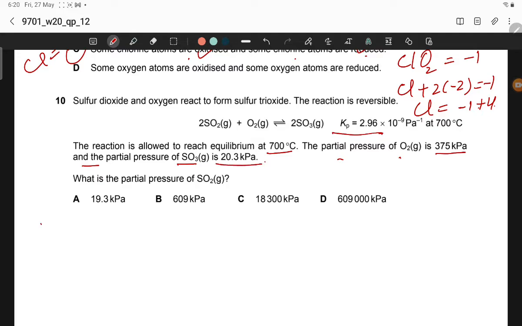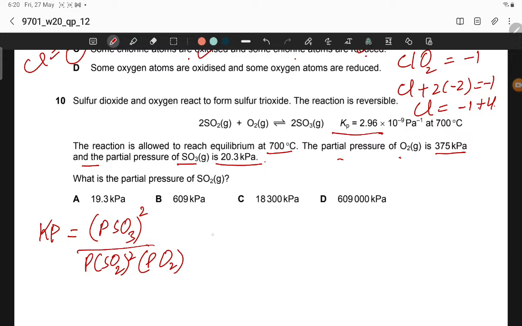We know that Kp is equal to partial pressure of SO3 divided by partial pressure of sulfur dioxide, partial pressure of oxygen.